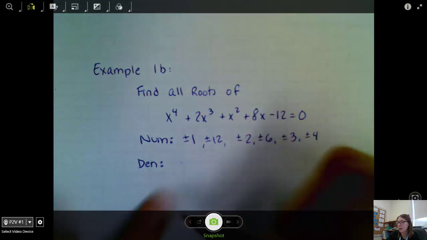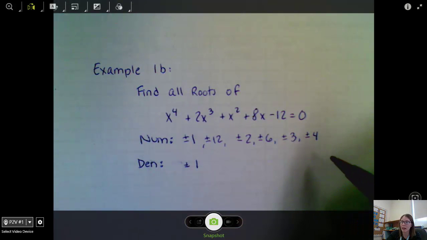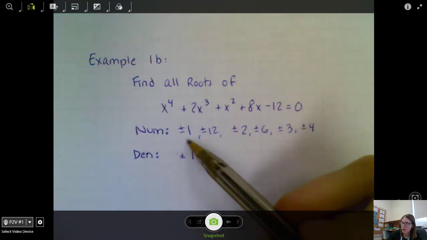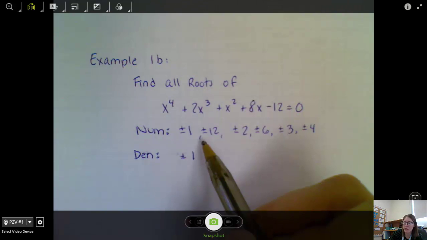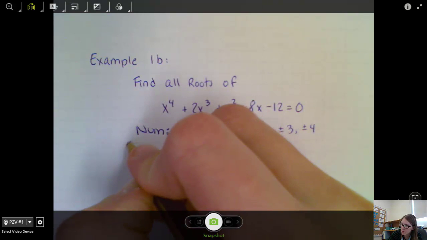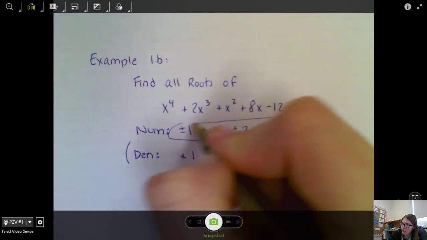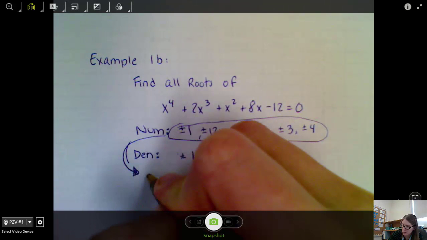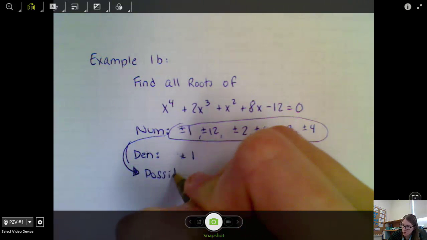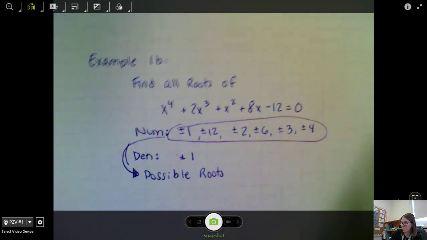And for our denominator, numbers that multiply to my leading coefficient, which is only 1 or negative 1. In this case, my list of numerators is really my list of possible rational roots, since all of these would be over 1 anyway.